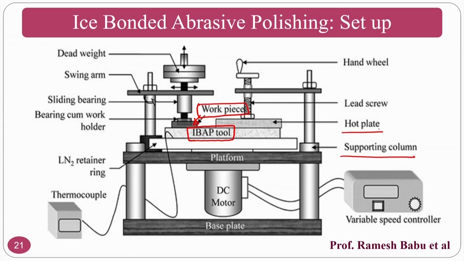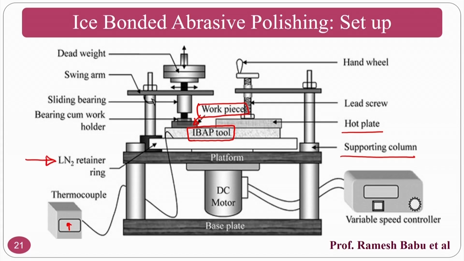If I want to measure the temperature, or if I want to reduce the bonding strength, that means the grade of that particular ice bonded abrasive polishing tool can be changed. And mainly other applications are there. You can use the thermocouple to control the temperature, and you also have a liquid nitrogen retaining ring.